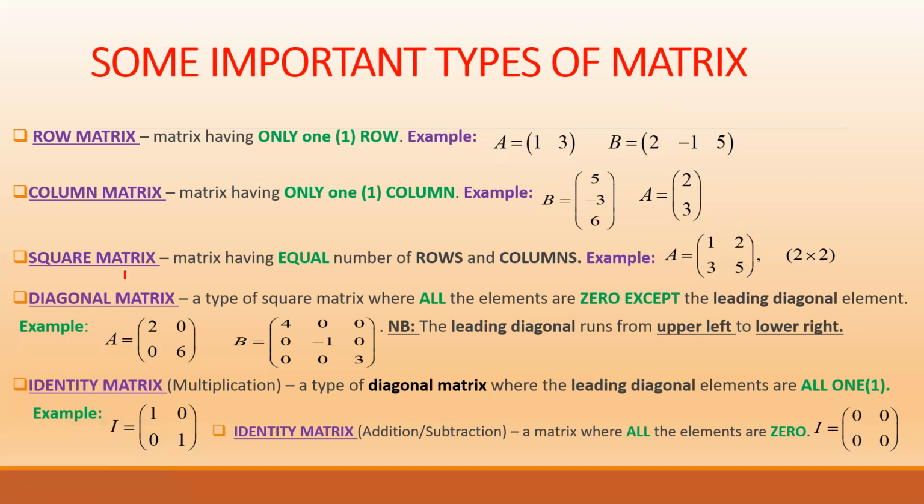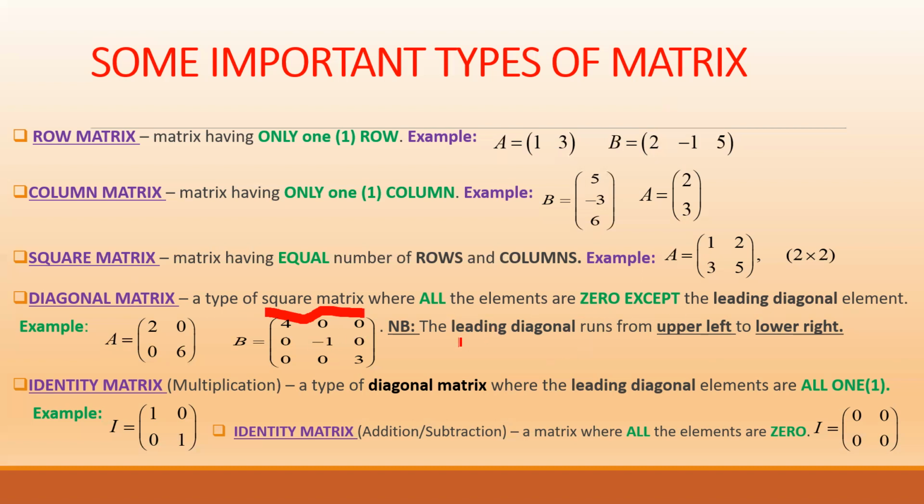Now, a diagonal matrix is a type of square matrix where all the elements are 0 except the leading diagonal elements. So a diagonal matrix is a square matrix, first of all, which means it must have an equal number of rows and columns. But the differentiating factor is that all the elements are 0 except the leading diagonal elements.